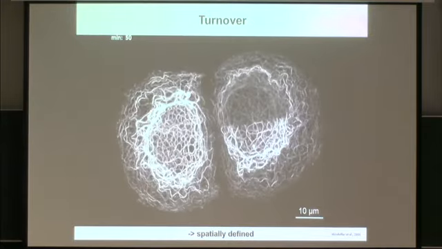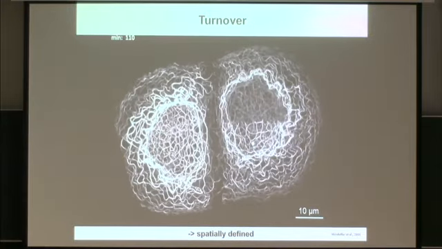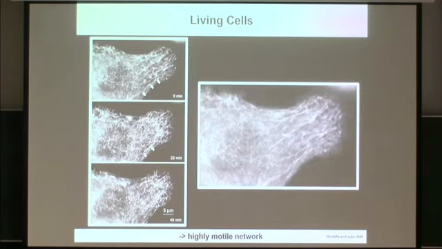Can I just ask, in that, have you got GFP or something on it? Yes. Because doesn't that disrupt the ability to polymerize? That's a good question, and it probably does affect it. I mean, any kind of label you introduce to any given molecule will definitely have some influence on it. But we were very careful to use stable transfected cell lines. We compared it to the non-transfected cells.